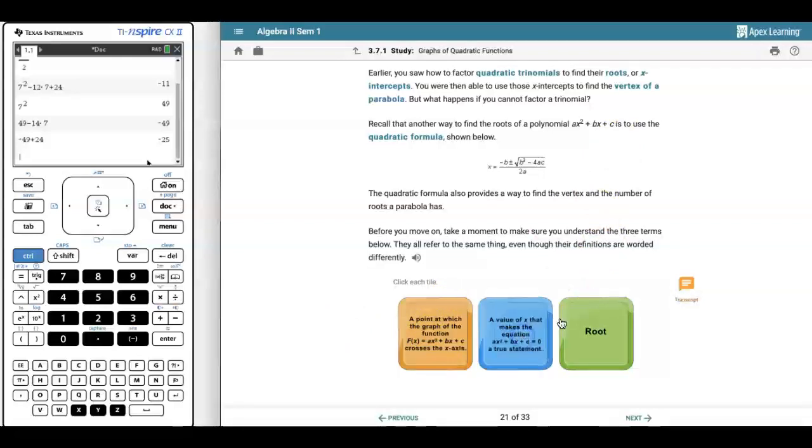A solution is the value that, when we set the equation equal to 0, makes it a true statement. And a root is a value that makes the polynomial equal to 0. They all effectively mean the same thing, but have slight differences that you should be familiar with.